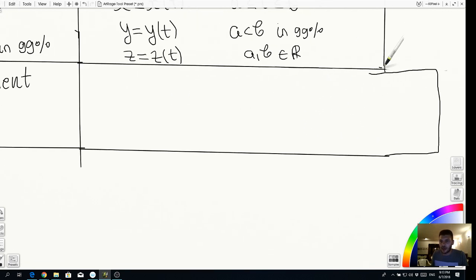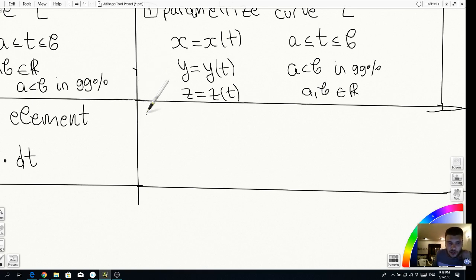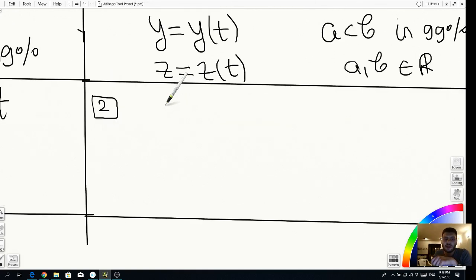And let's see second step in three-dimensional case. 3D case, calculate line element.